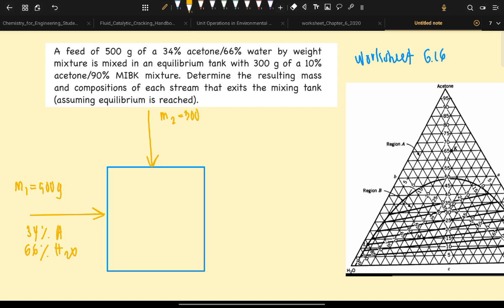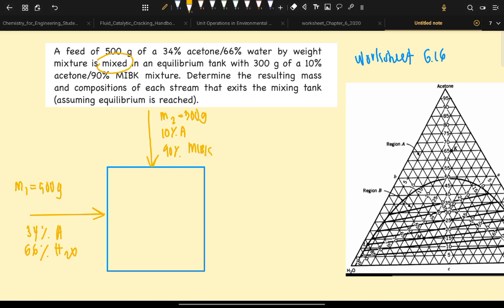So apa dia kata? Mix, which is two streams we mix together to become one thing. Okay, so just ikut je lah, follow the flow. So 10% of acetone and 90% of MIBK mixture.